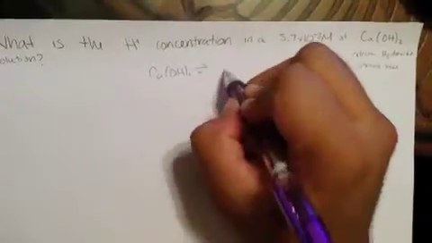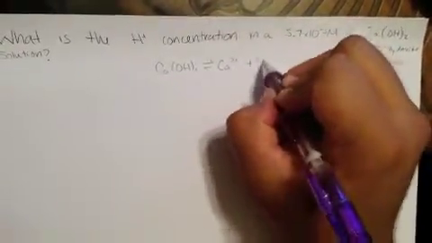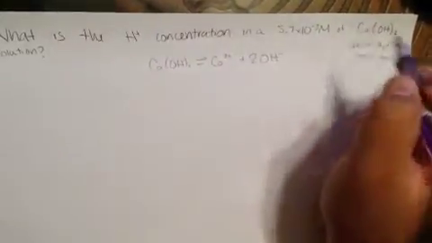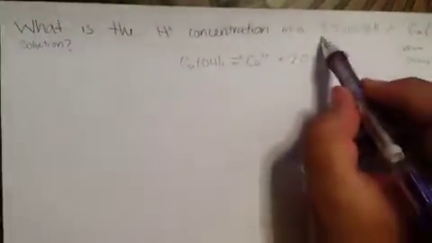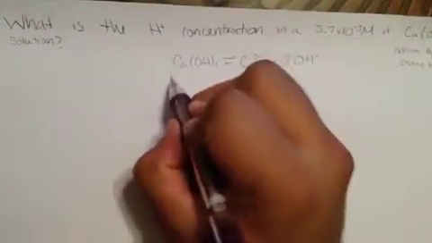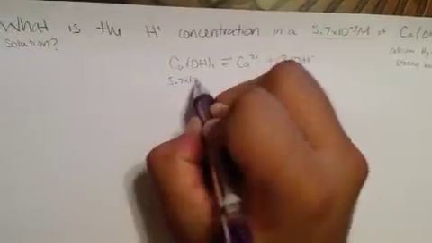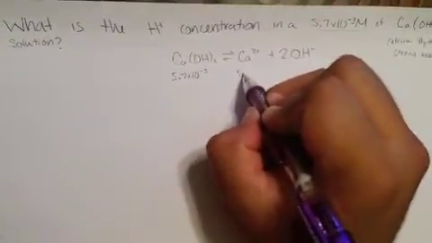This dissociates into Ca2 plus and 2 OH negative. Since it's a strong base, you know that it's going to dissociate completely to the other side. So if you have 5.7 times 10 to the negative third on this side, you're going to have the same thing here.